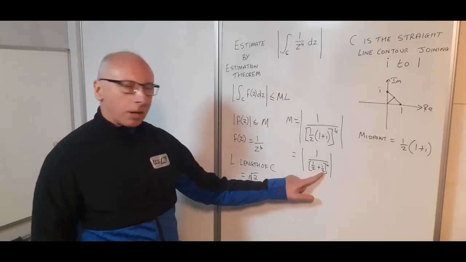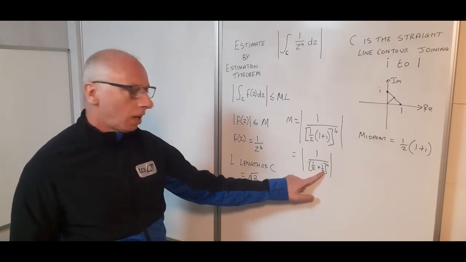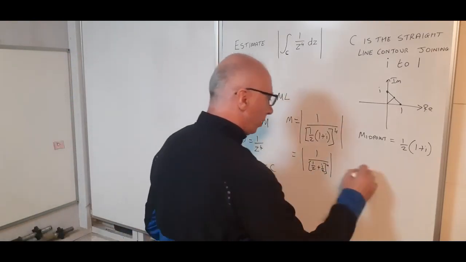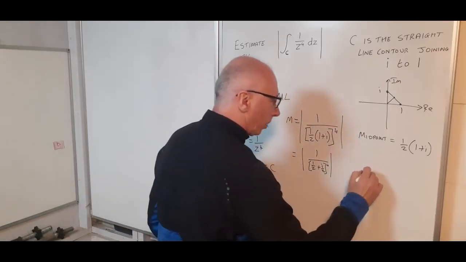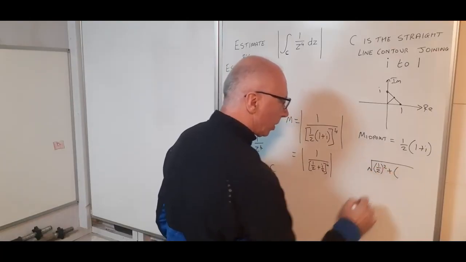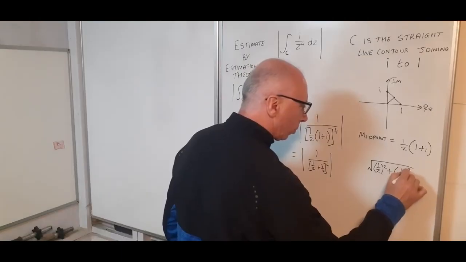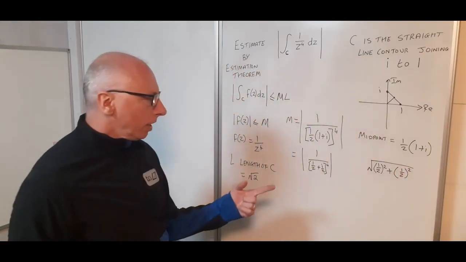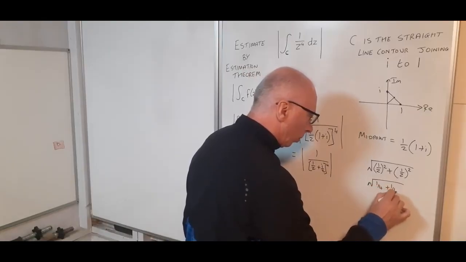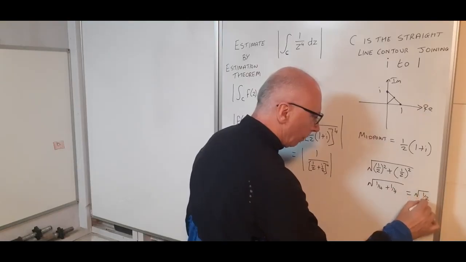So what I need to do now is use Pythagoras' theorem for this. So I've got a half and a half, square each one and take the square root. Because we've got our modulus here, I've got the square root of a half squared plus, using i, a half squared. So then I've got the square root of a quarter plus a quarter, which equals the square root of a half.